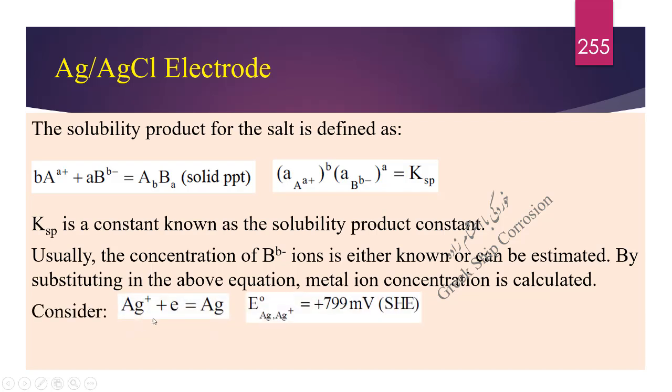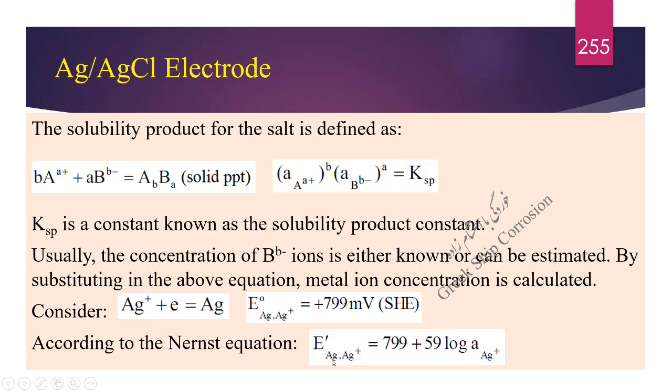Consider Ag+ plus electron equals Ag. The standard potential of this half cell equals positive 799 millivolts versus the standard hydrogen electrode. According to the Nernst equation, the non-standard potential of this half cell equals 799 plus 59 times the logarithm of the activity of silver cation.